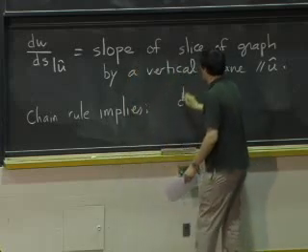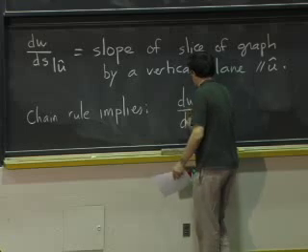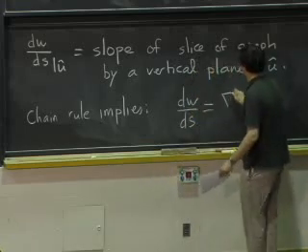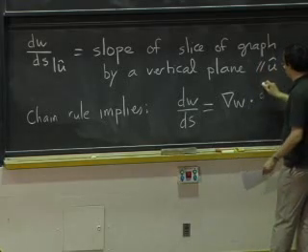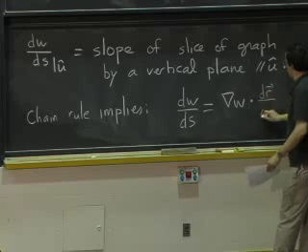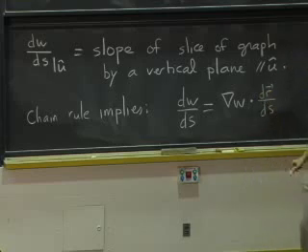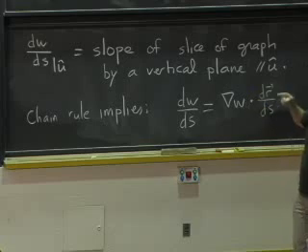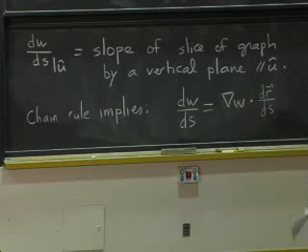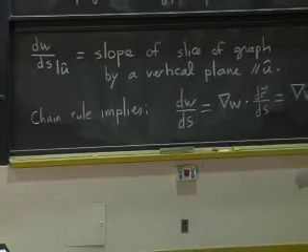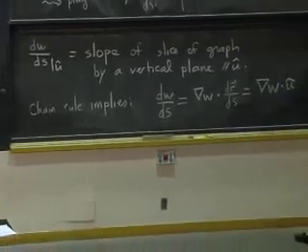The chain rule implies that dw by ds is the gradient of w dot product with the velocity vector dr ds. But remember, we said that we are going to be moving at unit speed in the direction of u. So in fact, that's just gradient w dot product with the unit vector u.